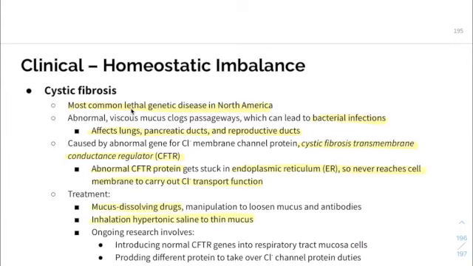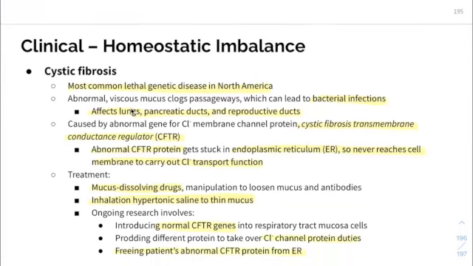They're trying to see if they can give normal CFTR genes, or different proteins that take over that chloride channel protein, trying to free the CFTR protein from the endoplasmic reticulum. There is a lot of different research currently going on to try to help this.